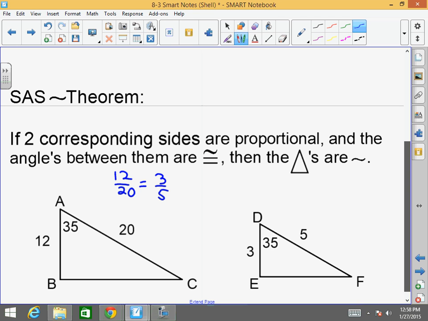Or I can reduce 12 twentieths, divide both by 4, and I'll get 3/5. So I know that the corresponding sides here are proportional, and I can see that angle A is congruent to angle D. So boom, I can now prove that triangle ABC is similar to triangle DEF.